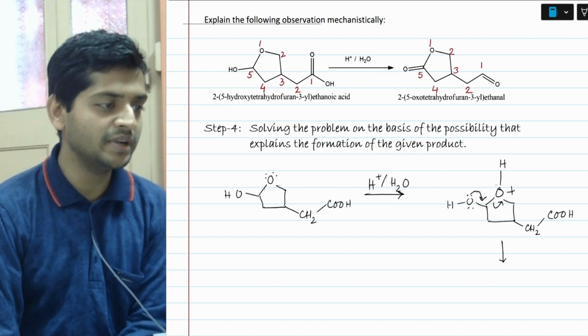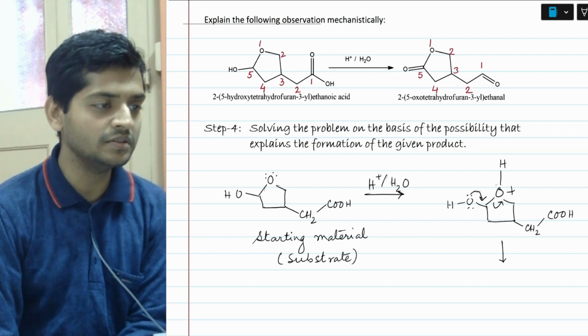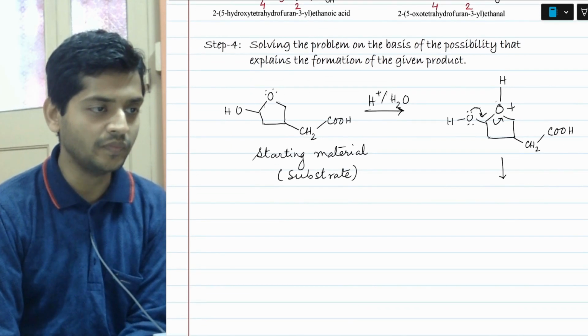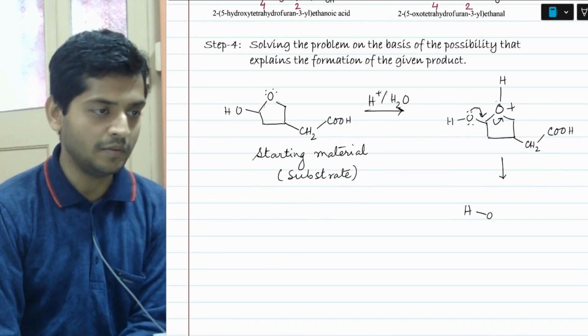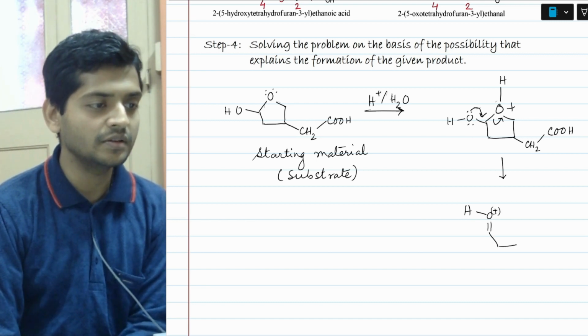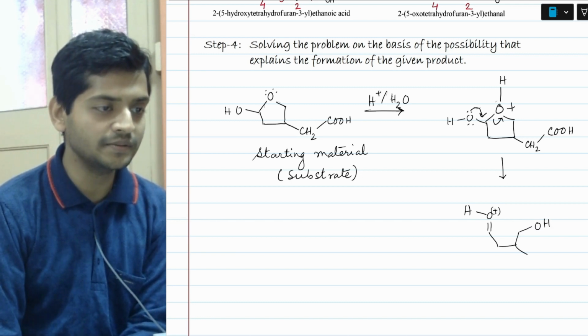So this is the starting material, or we can also call it the substrate. This, on treatment with aqueous acid, is producing a molecule, or let's say an intermediate, which has an open ring structure.